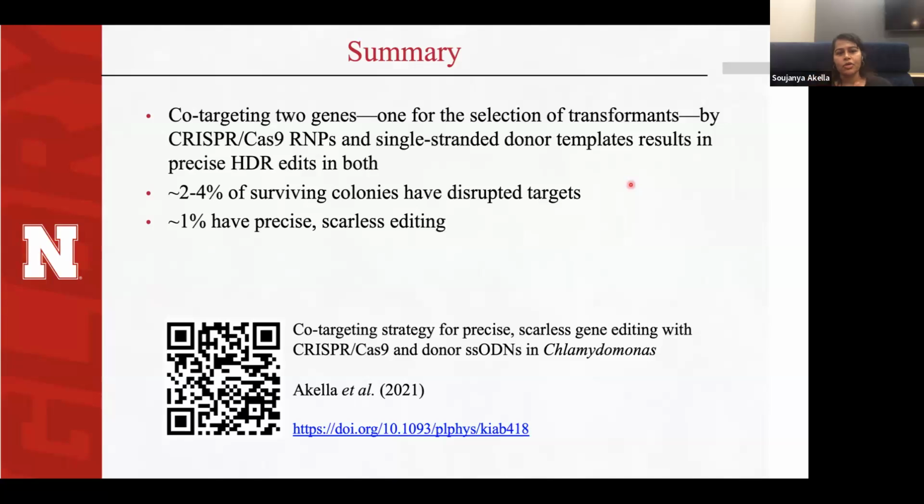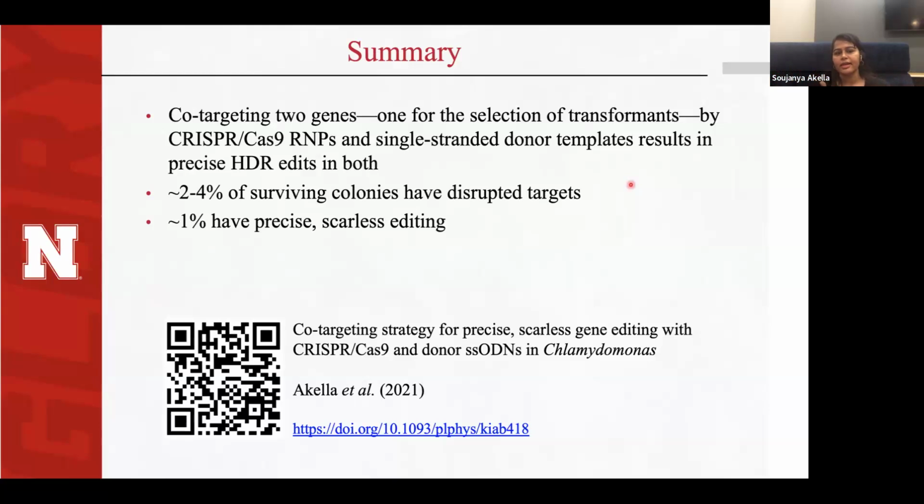Whereas if you're co-targeting two genes, one for selection of transformants, which in our case was Protox, and the other being your gene of interest, and you're using the RNPs with donor templates, you can end up with precise homology directed repair edits in both genes.